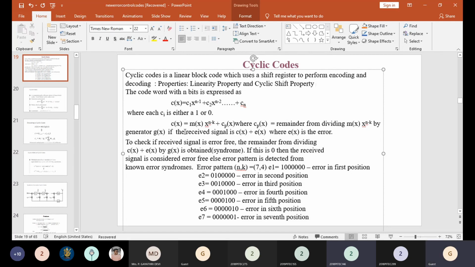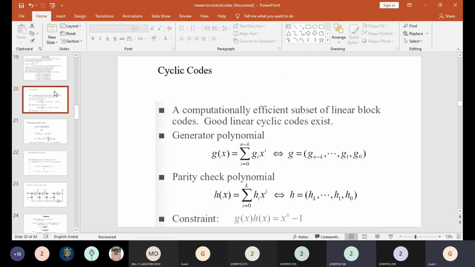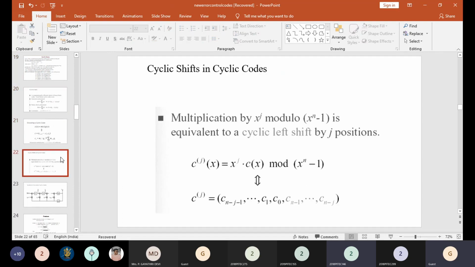Based on these two properties, you can expect problems in competitive exams like the GATE exams.